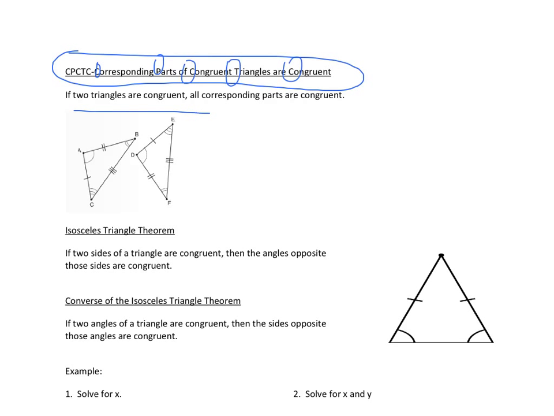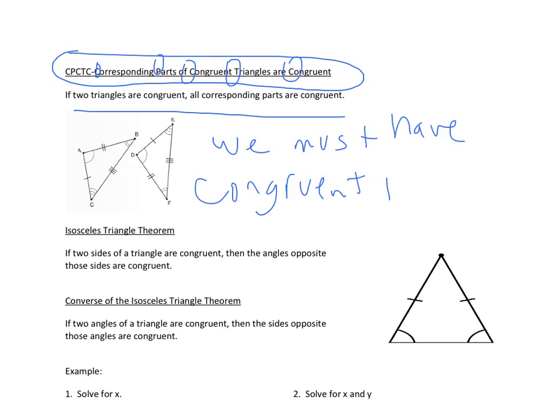It says if two triangles are congruent, all corresponding parts are congruent, which means sides and angles. One thing to note, we must have congruent polygons first, and then once you have congruent polygons, you can say angle A is congruent to angle D, and so on. All the corresponding parts are equal.